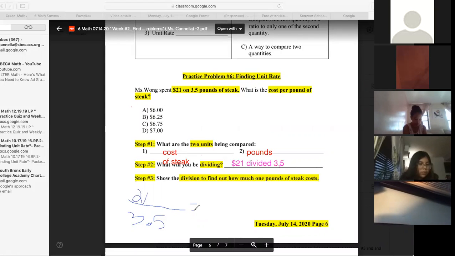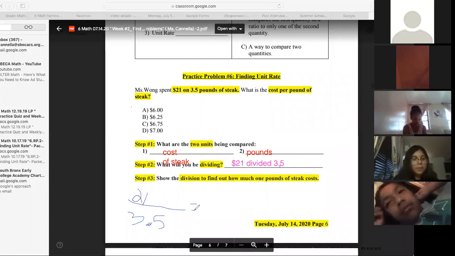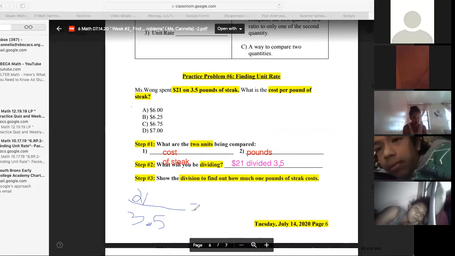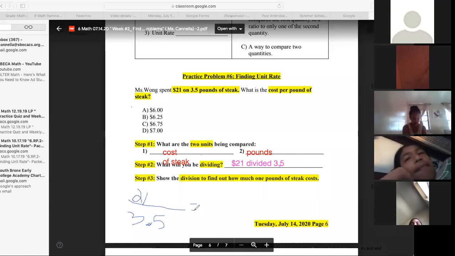Somebody help him out. I need an answer. 6. $6 per pound of steak. So each pound of steak is $6. No, but when you were doing it, it was okay, right?